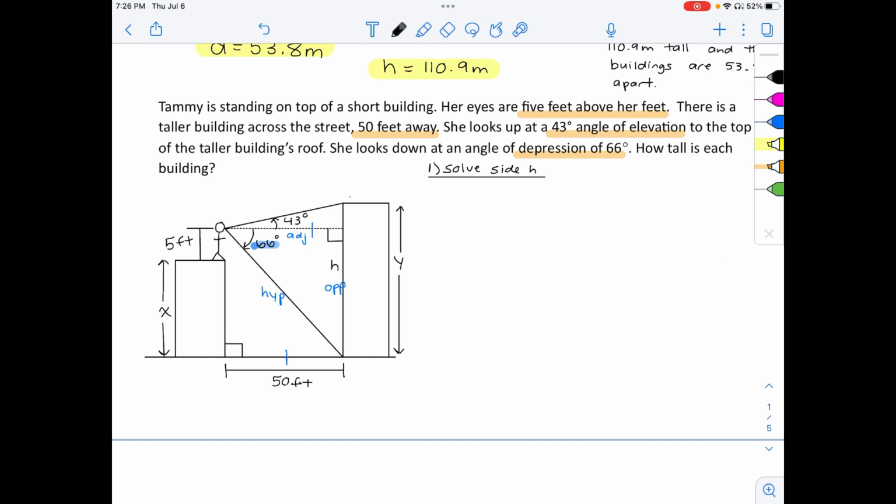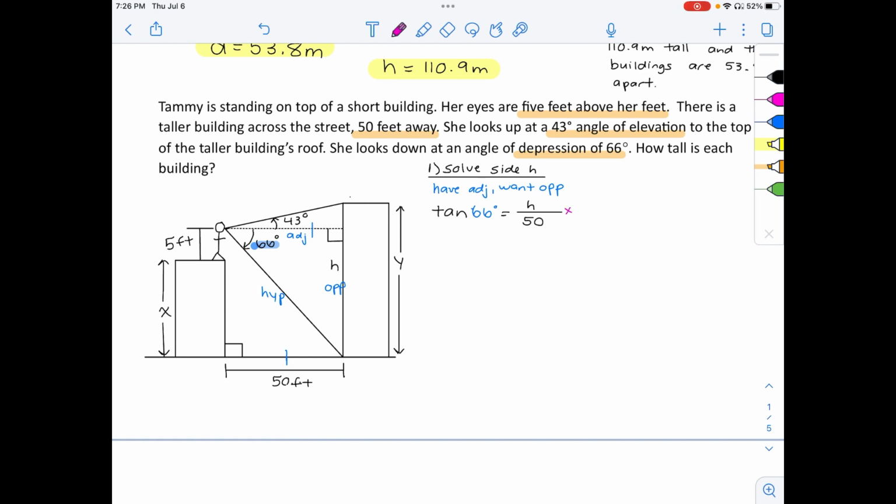I'm going to use SOHCAHTOA because it is a right triangle. So I have my adjacent, I want my opposite. Just for the sake of space, I'm not going to write my acronym SOHCAHTOA, but it's the same one that we used above. Opposite and adjacent is going to be tangent, so I'm going to set up tan of 66 degrees is equal to H over my adjacent, which I said is 50.